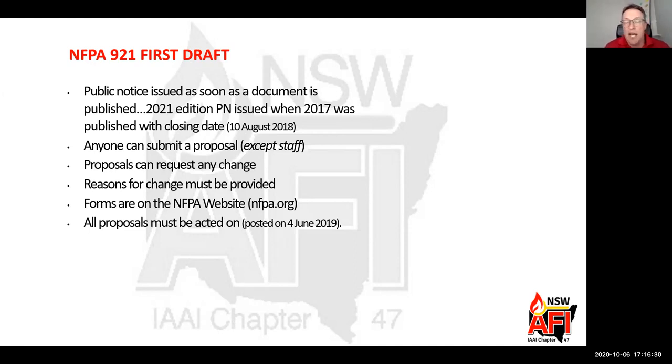So you can write to NFPA and say, I believe that NFPA 921 should change this bit and it should read this way. That will go to the committee, and the committee will consider it. But you obviously have to provide a reason for the change so that they can discuss it, and then they vote on it. That's how changes are made. The forms for that are on nfpa.org, and all those proposals must be acted on by the committee. That was then posted by the 4th of June last year.